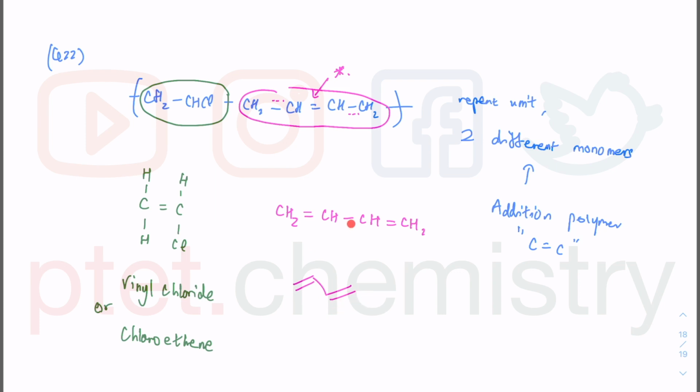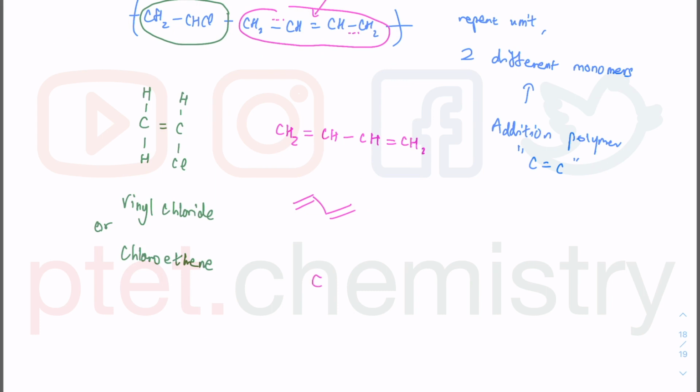Okay, so there's a single bond there, and in fact it's probably better if I draw the display formula, then it will become clearer. So H, and then C, and then H, and then C, H, and H. Each of these carbons is trigonal planar, 120 degrees, sp2 hybridization.